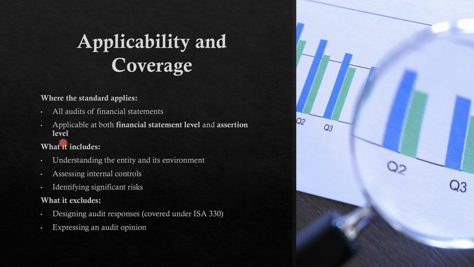The standard includes understanding the entity and its environment, assessing internal controls, identifying significant risks. However, it does not cover how auditors respond to those risks, that is addressed under a different ISA, that is 330, and it does not deal with expressing the audit opinion.